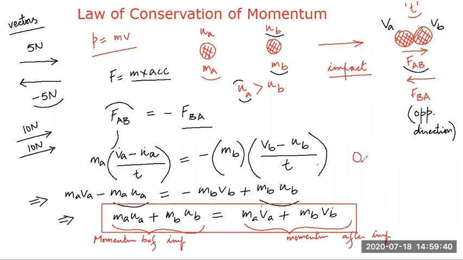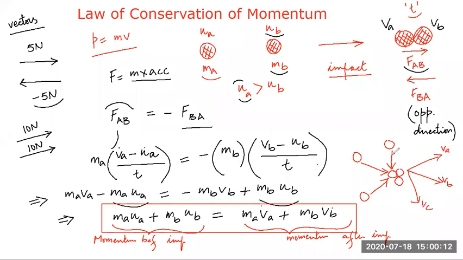One body is going in this direction, one body going in this direction, and another body going in this direction. It can be a system of three bodies, MA, MB, MC, UA, UB, UC. After they strike for time t, they will all head into different directions with different momentum depending upon their final velocity, VA, VB, and VC.